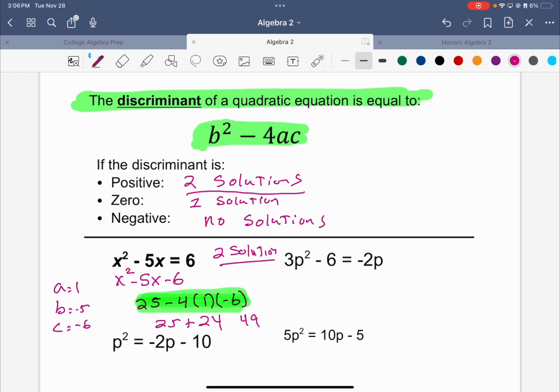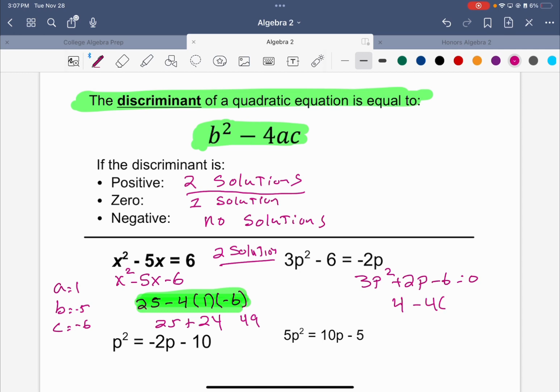Okay. The second one, 3p squared minus 6 minus 2p. Again, if we're just looking for the discriminant, so that should be plus 2p, right? Minus 6. So I'm just going to do b squared. B is 2. 2 squared is 4.